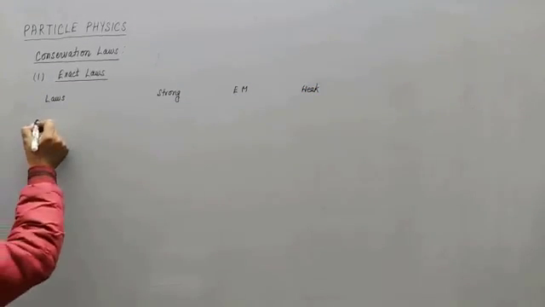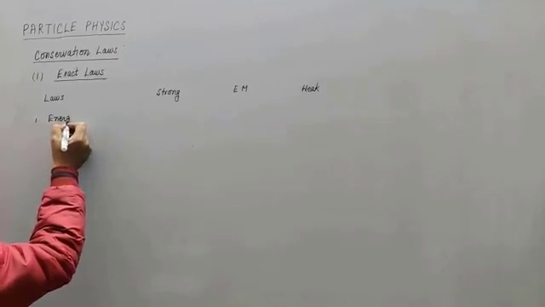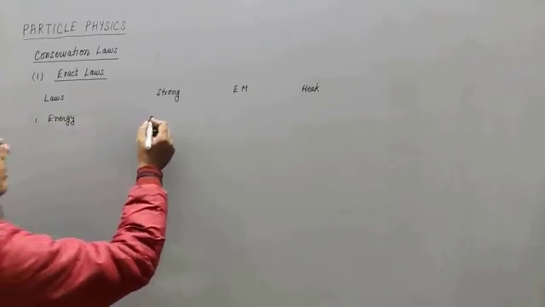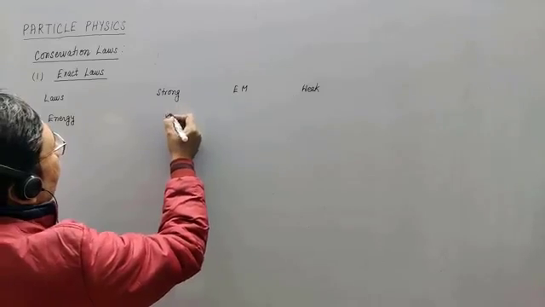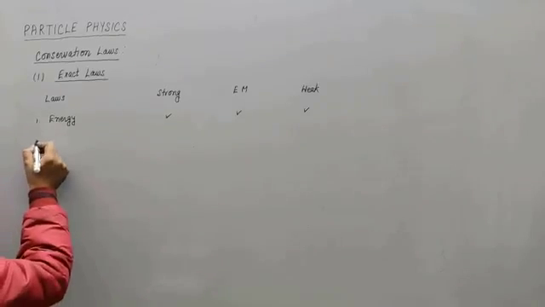First is energy conservation law. Energy conservation law is followed by strong, electromagnetic and weak. In all 3 types of interaction, energy conservation law is followed.